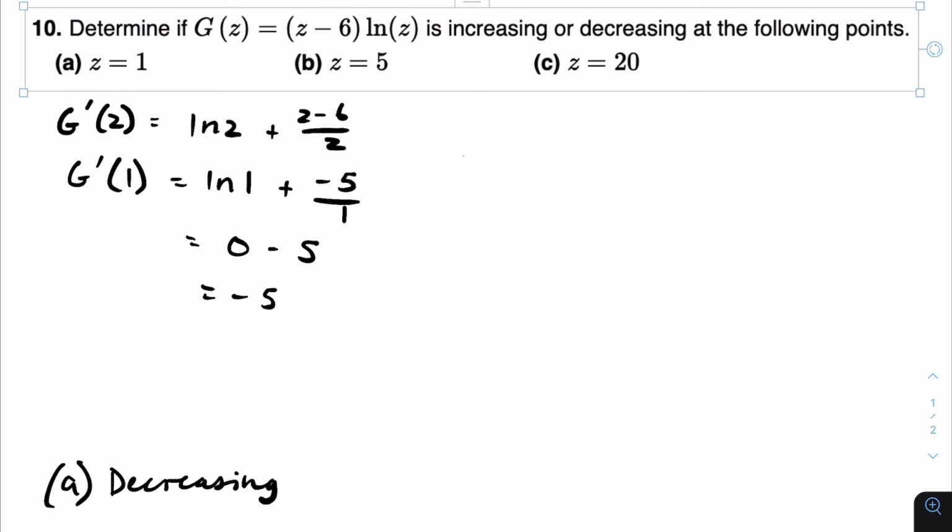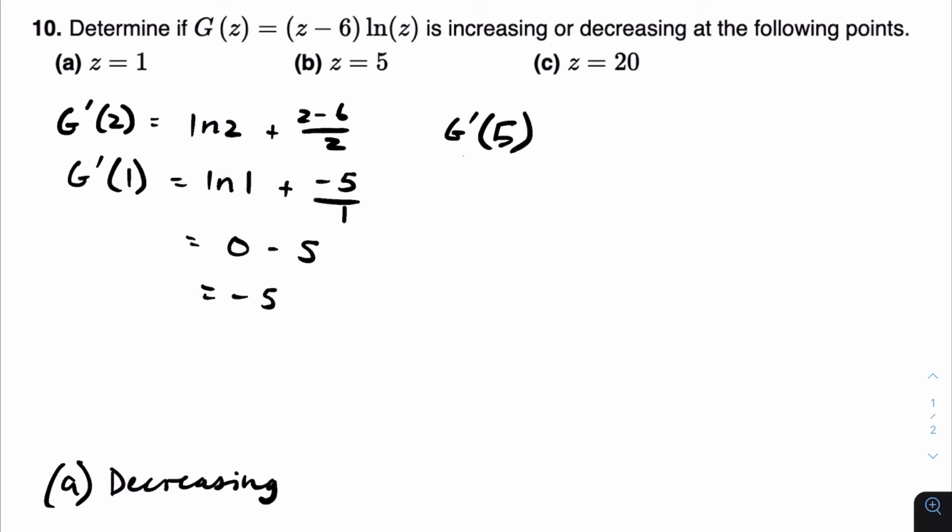Then we look at part 2. So we can say that g prime 5 is equal to ln 5, we're just substituting z as 5 in, plus negative 1 over 5.